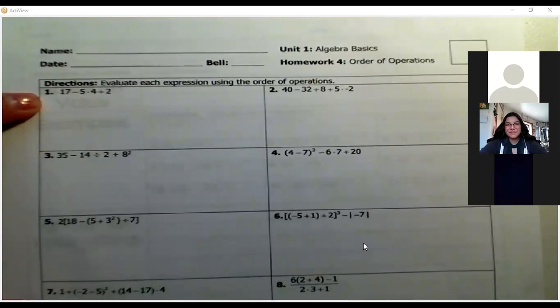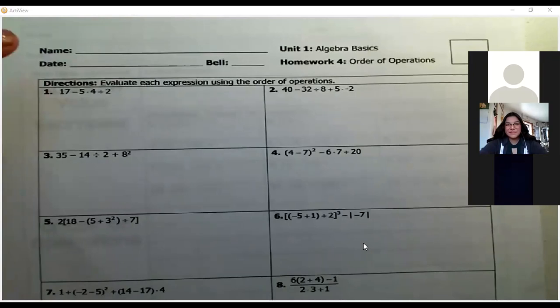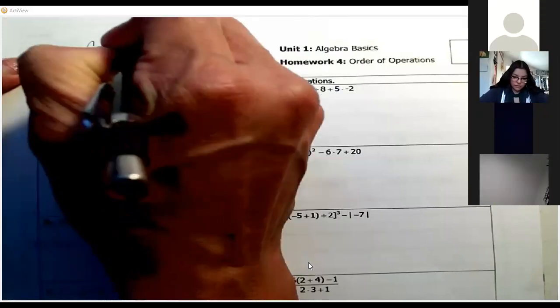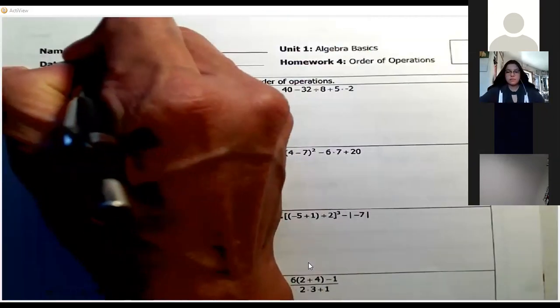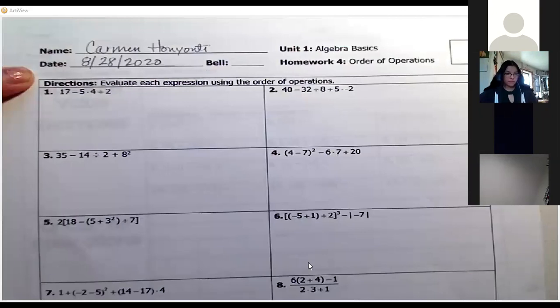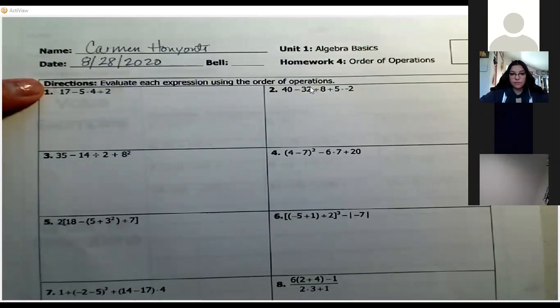So every time you do work for me, I need you to make sure you put your full name, today's date, which is August 28th, 2020, and whatever class hour you have, first hour, second hour, third hour, fourth hour, and so forth. So evaluate each expression using the order of operations.